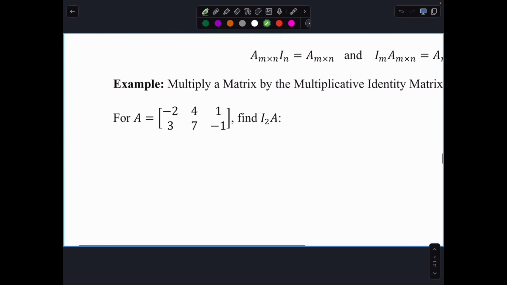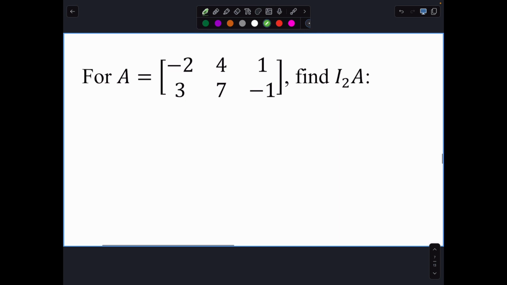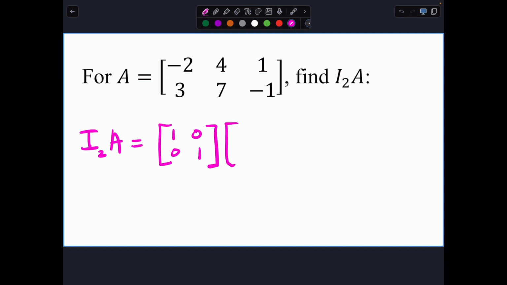So like if we were multiplying matrix A by its identity matrix, but notice that we're doing I times A. So I, which is going to be a 2 by 2, that's what that 2 indicates, times A would be [1, 0; 0, 1] times [negative 2, 3, 4; 7, 1, negative 1].